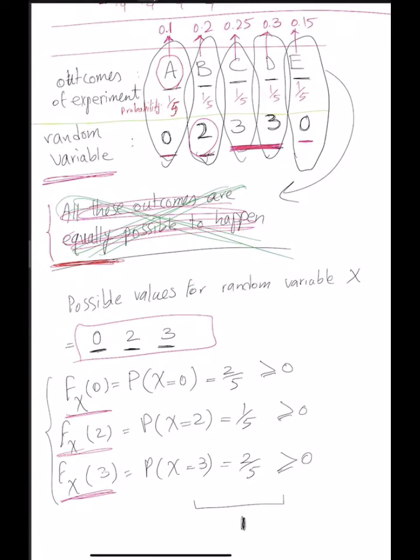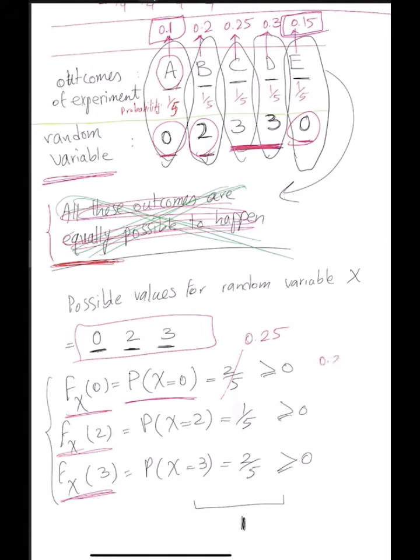Then how would I change this? So probability that the random variable gets the value of 0, what would be the probability then? Instead of 2 over 5, what should I put? 25%. When the outcome is A or E, these two, then the random variable is 0, and that happens with probability of 0.25.